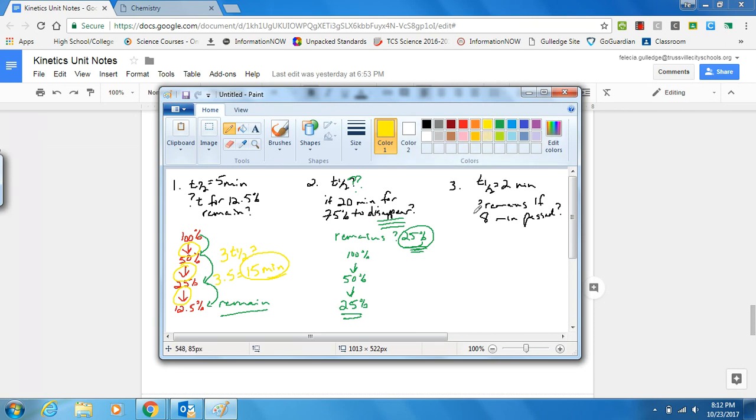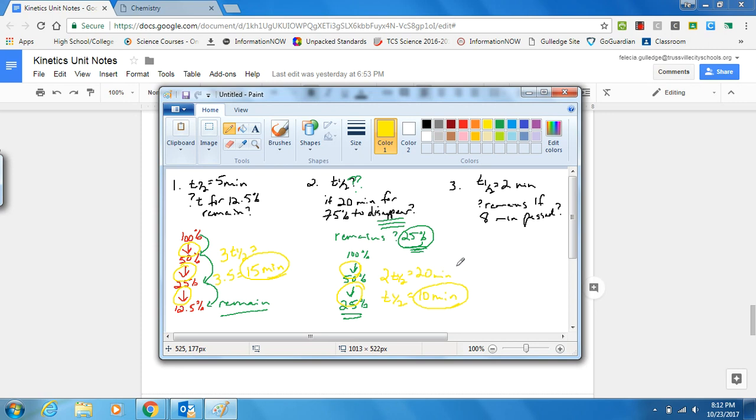So the question is, how many half-lives did it take to get there? Well, I have 1 half-life, 2 half-lives. So if 2 half-lives is equal to 20 minutes, how much would 1 half-life be? Well, it would just be 20 divided by 2. So that's equal to 10 minutes. And that would be my answer there.